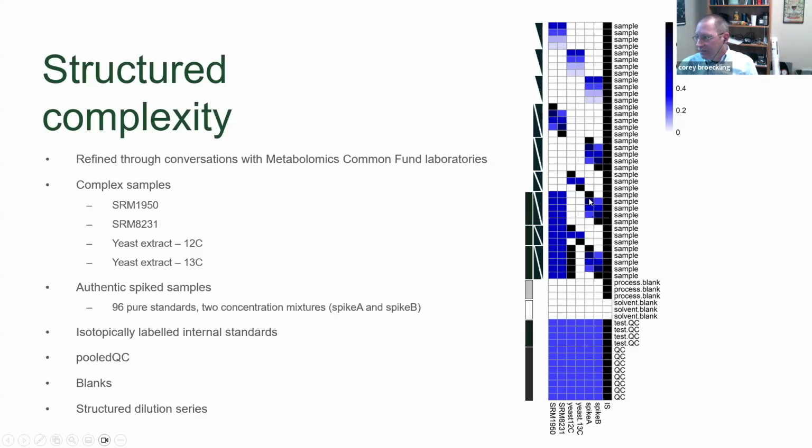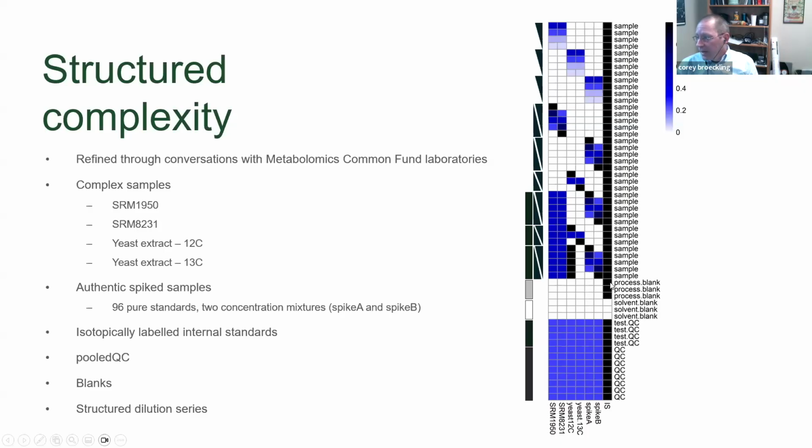But then we add in the spike A, spike B 96 standards mixture. So now we have spike A, spike B in a reciprocal dilution series here. We have the exact same 96 mix A and B in a reciprocal series here in the presence of 1950 and 8231. So it enables us to really test the impact of complexity on our ability to process these data.